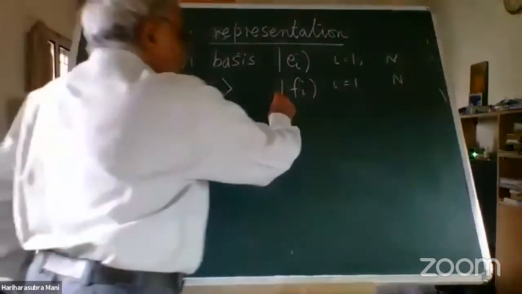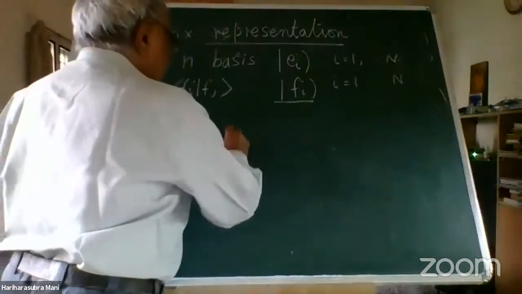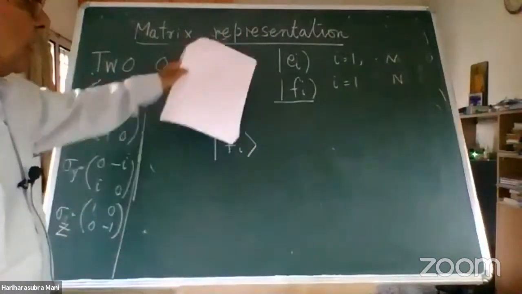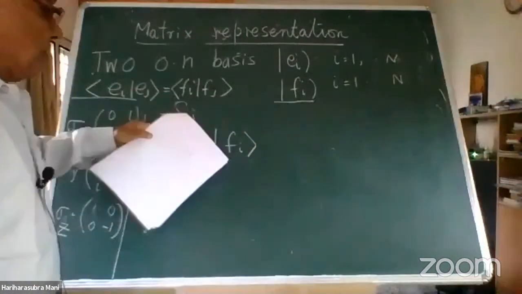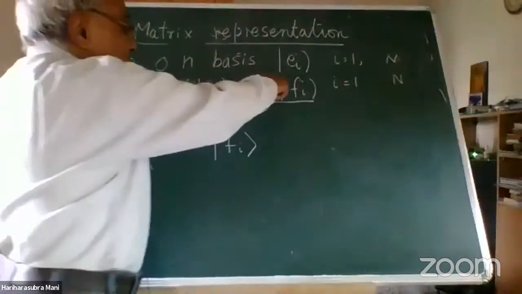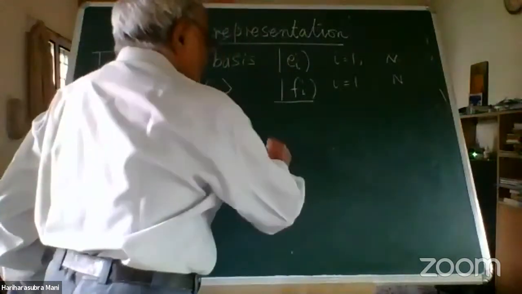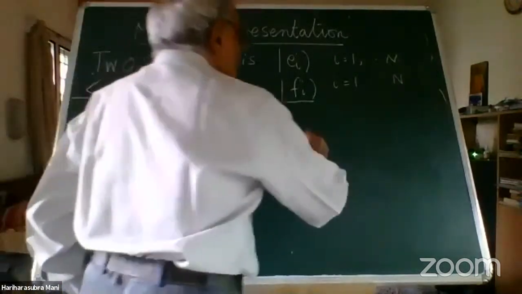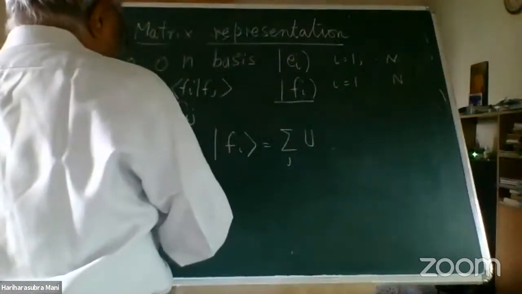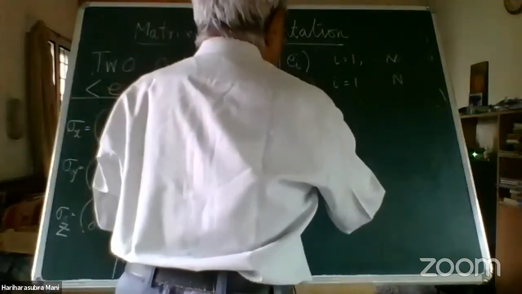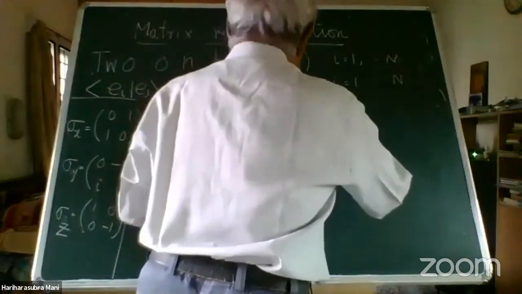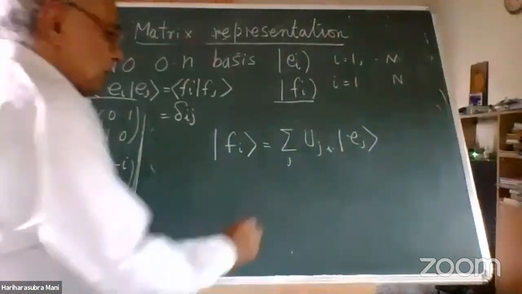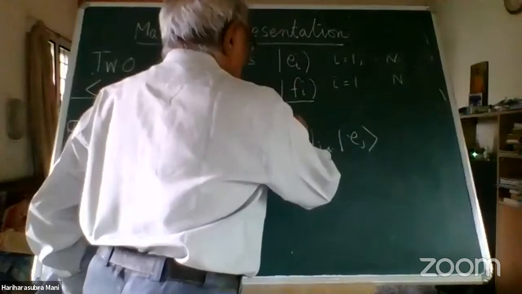Now take F, the vector F. I can express any particular vector F in terms of E's. So I write down summation over j, U_ji E_j, j going from 1 to n.